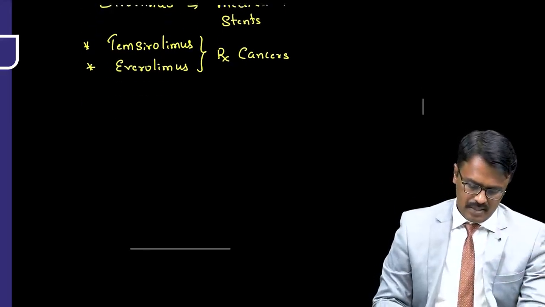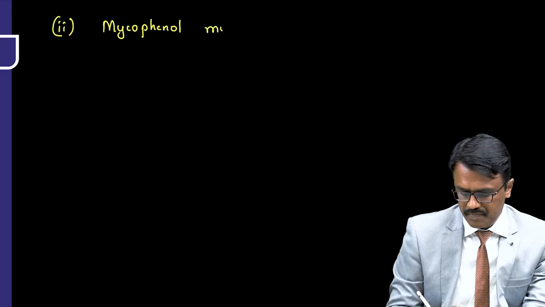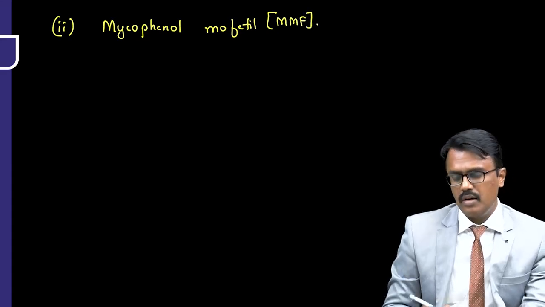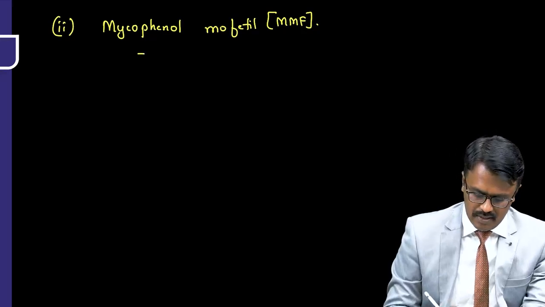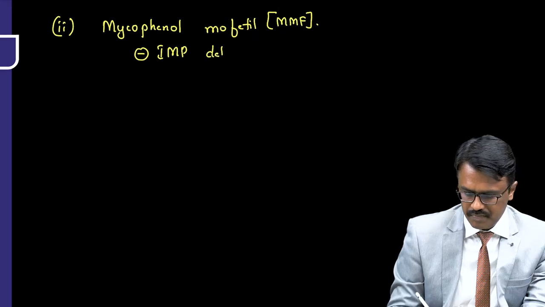Correct. Now moving on to the next important thing. The second one is inhibiting purine and pyrimidine synthesis. Now there is a drug called mycophenolate mofetil. We write it as MMF, mycophenolate mofetil. It inhibits an enzyme called IMP dehydrogenase.